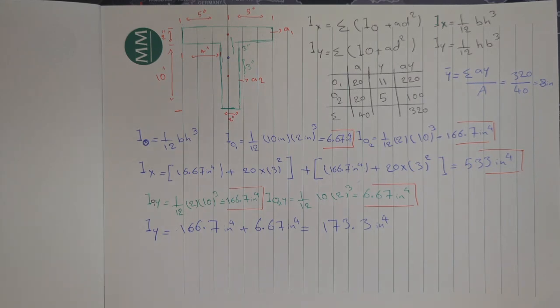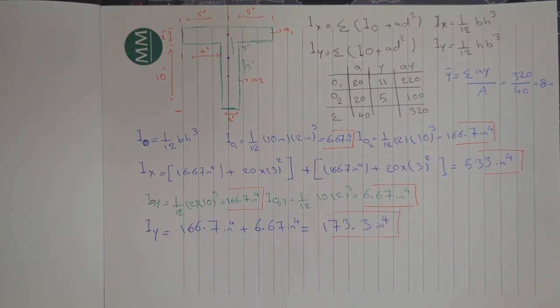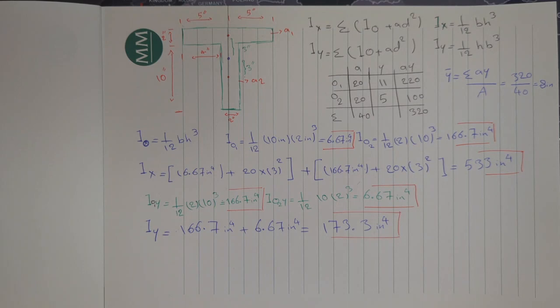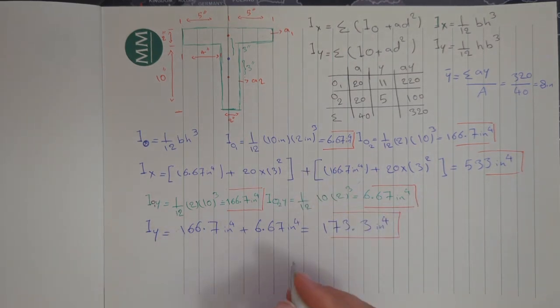So now we calculated most of the things. We have Iy and we have Ix. If you want to calculate the radius of gyration, let me write it down with black this time.